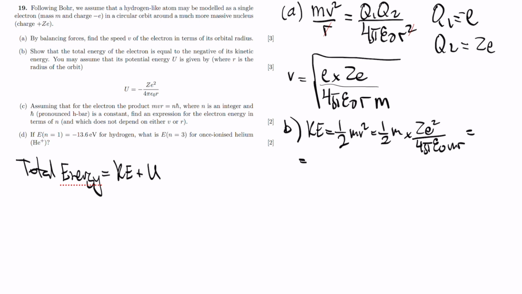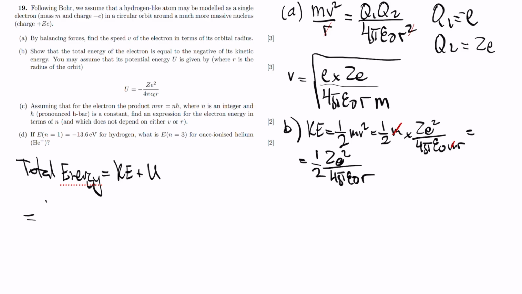Let's see what we're going to get. The m's can go like that. So we should get, for the kinetic energy, a half Ze squared, divided by 4 pi epsilon naught r. I think that's right.